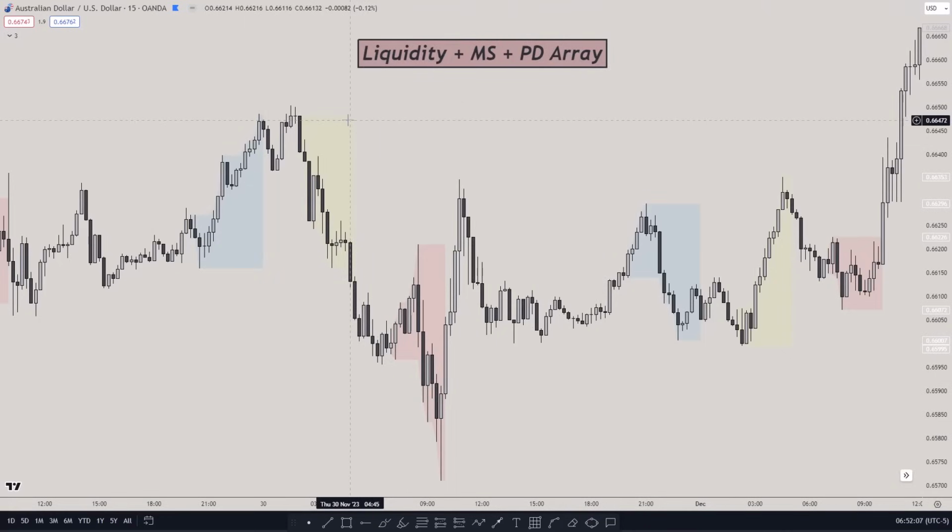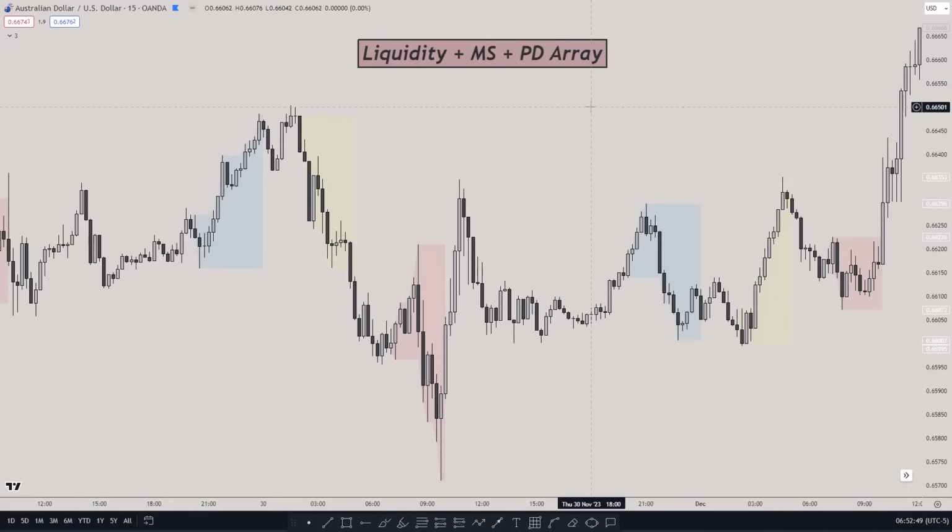Now, let's take a look at this. If we pick any type of liquidity, and we know types of liquidity could be just normal highs and lows, or it could be session highs and lows, previous day high and low, etc. And market structure could be change of character, breakout structure, or it could be no market structure. We don't need to see any type of change of character or breakout structure. We just want to see price coming back into the range, all of those different types of market structure.